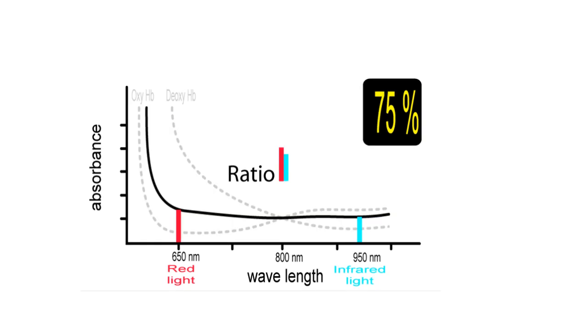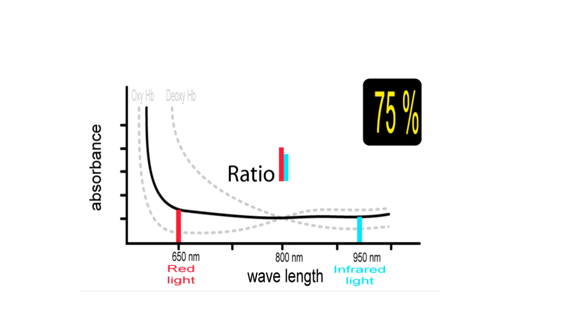Now, look at when the patient has an oxygen saturation of 75%. The blood has both oxyhemoglobin and deoxyhemoglobin. The absorption pattern is now somewhere in between the oxyhemoglobin curve and deoxyhemoglobin curve.